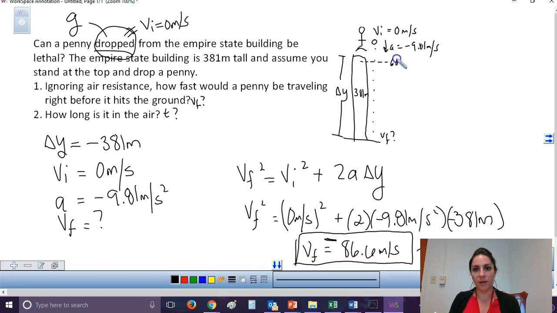And it reaches 60 miles per hour, which is not a comfortable speed, but it's not a lethal speed. So, moral of the story, in real life, you couldn't actually do any damage to people. Please don't ever do this, of course. I know this is an interesting problem, but just to show you how fast the penny would go at the bottom. It would go pretty fast if you didn't have any air resistance.